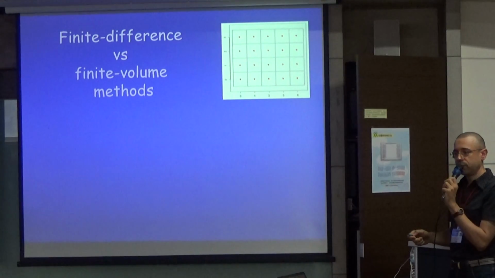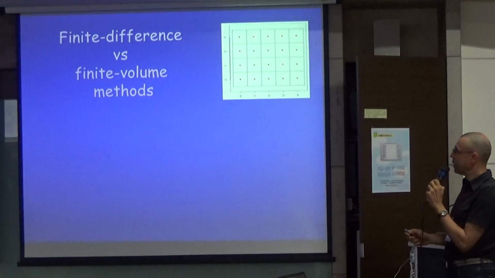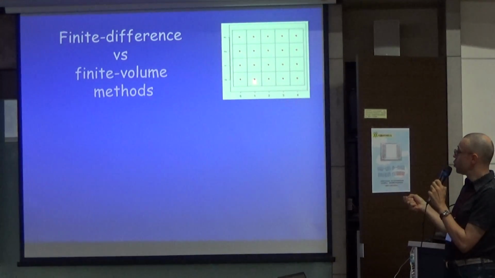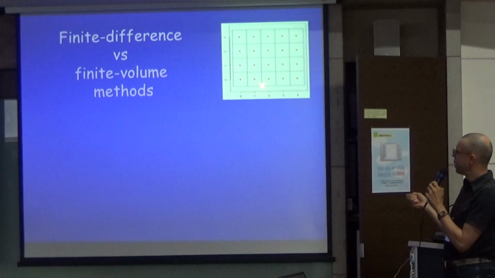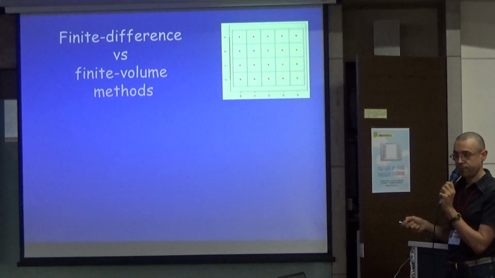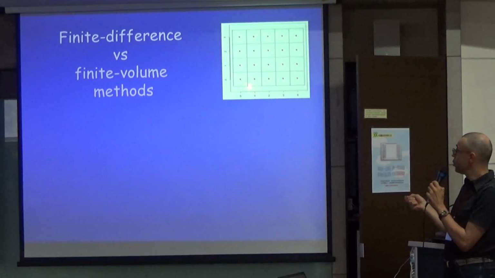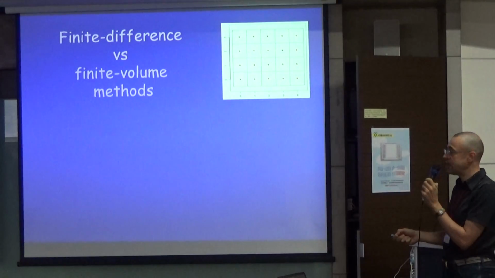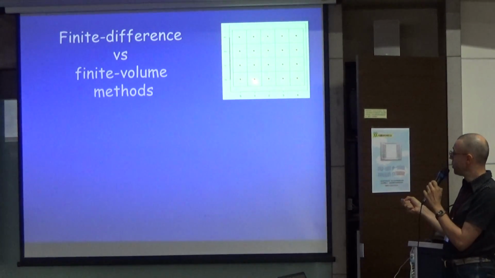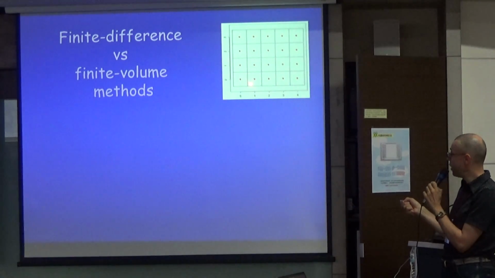And what is different in the way of thinking is that in order to update to the next time, we can use the fluxes of matter through the cell boundaries. So it's easy to think of the density if this point represents the average density of the cell.